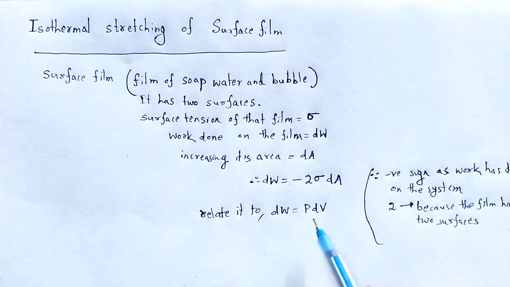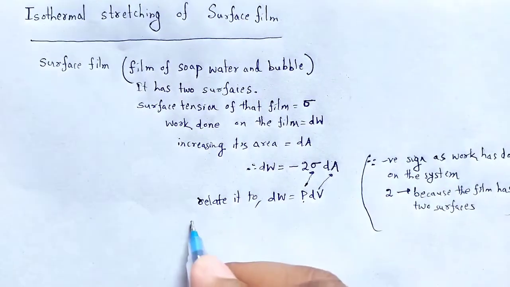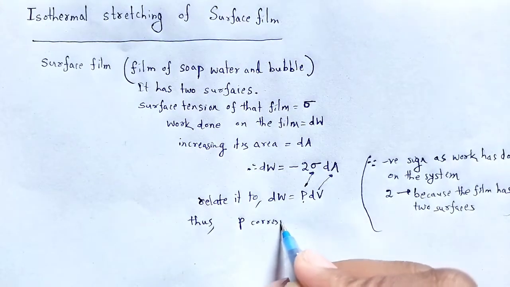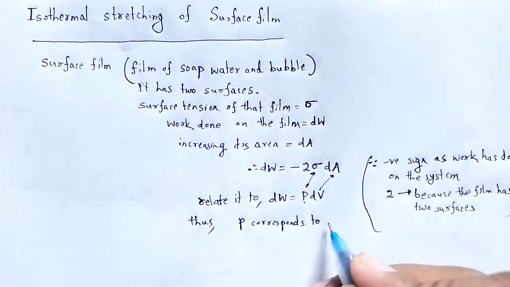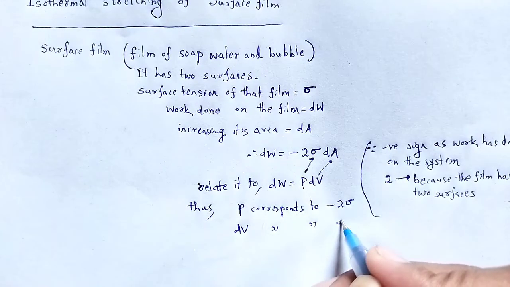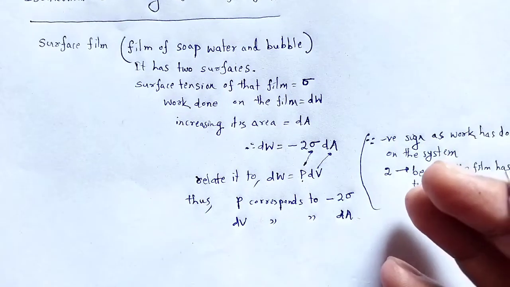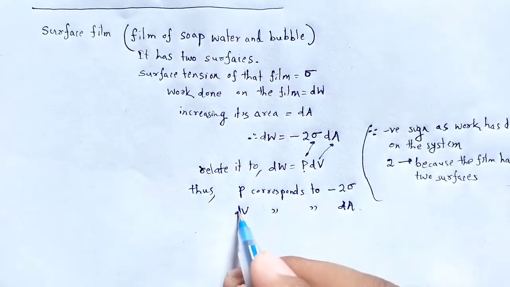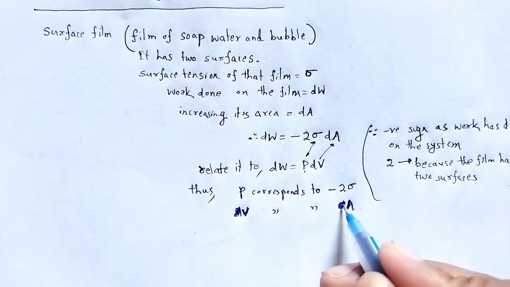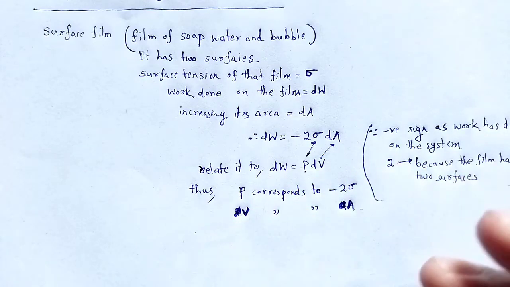So, P corresponds to minus 2 sigma and dV corresponds to dA, which means V corresponds to A. Volume corresponds to area. Now, applying Maxwell's second thermodynamic relation.